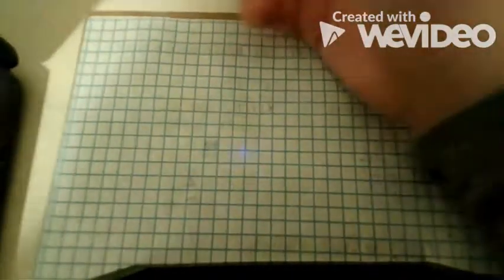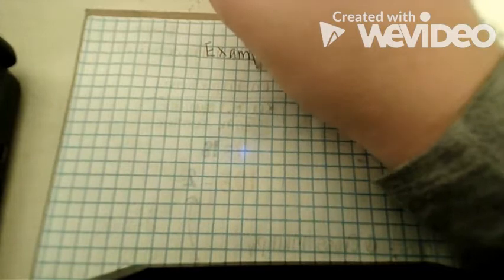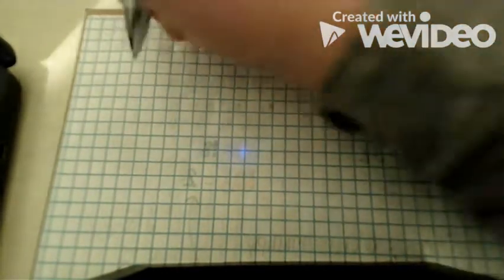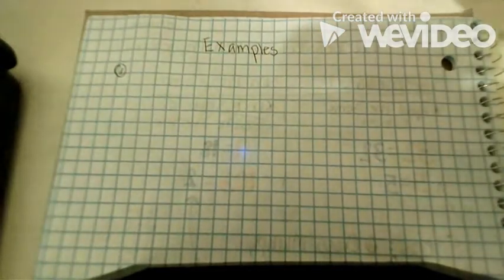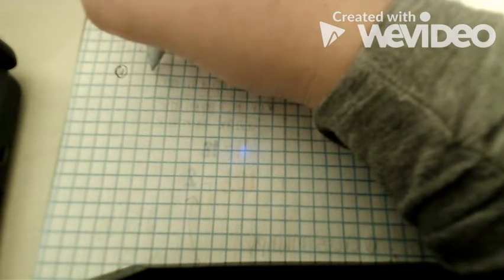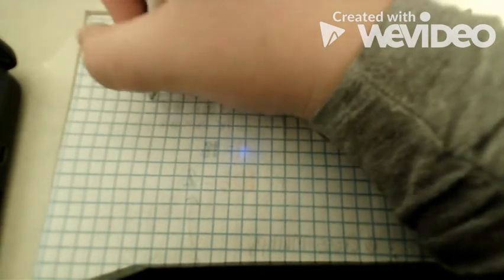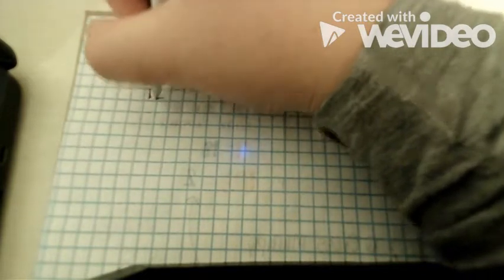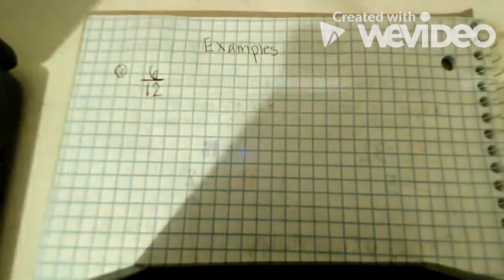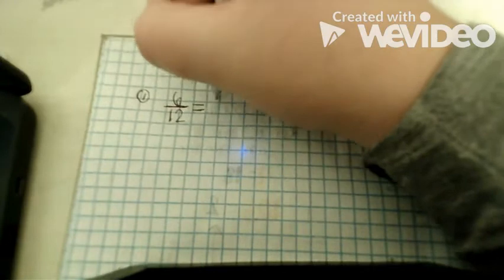All right. Number 1, let's do 6 over 12 equals 1/2.